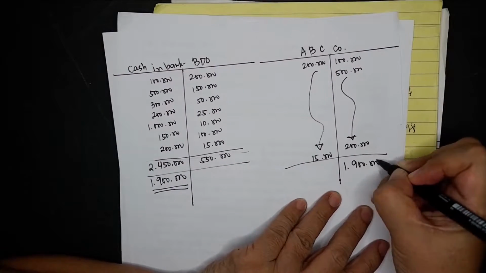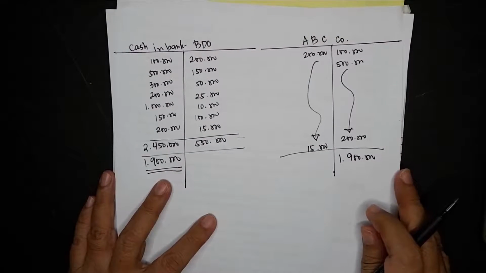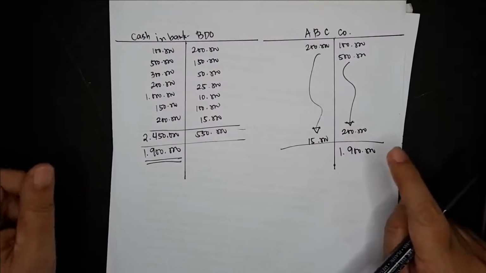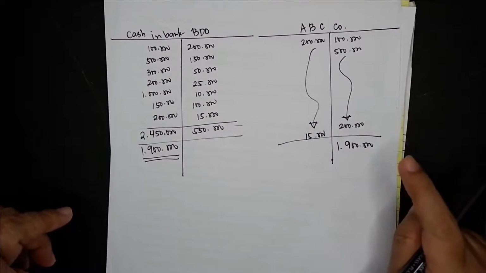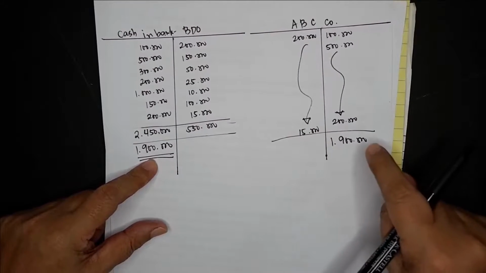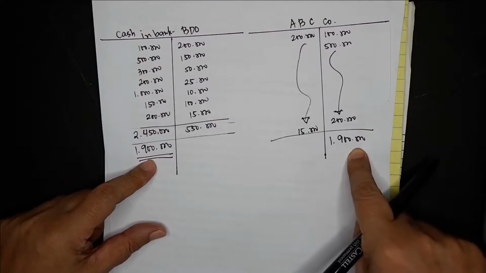1,900,000. It should be the same because we're just concerned with our deposit with the bank. We're talking about the cash that we have deposited to the bank. So for our ledger, if it is 1,900,000, it should be 1,900,000 also on the bank's record.